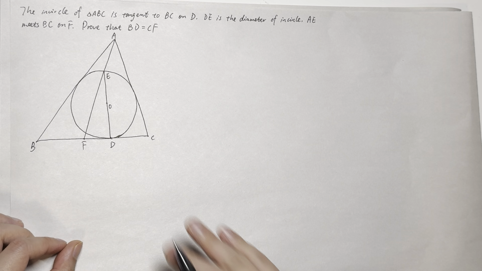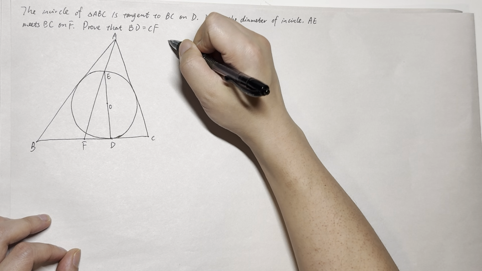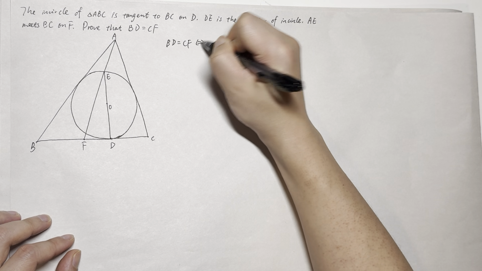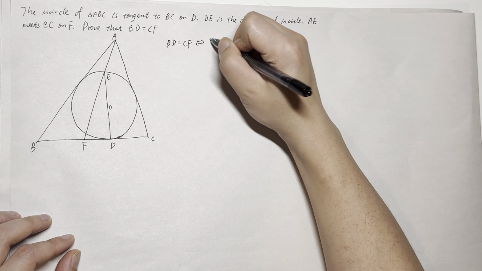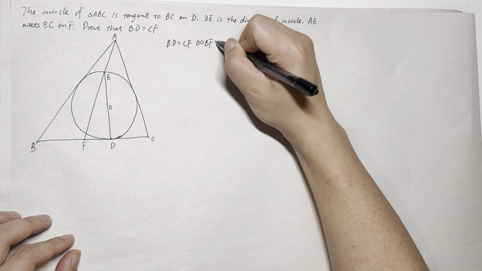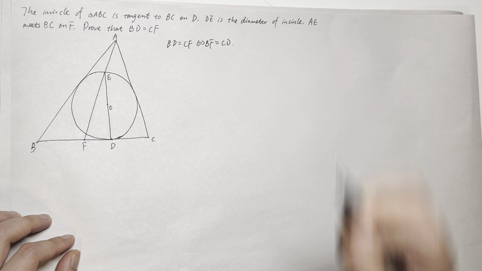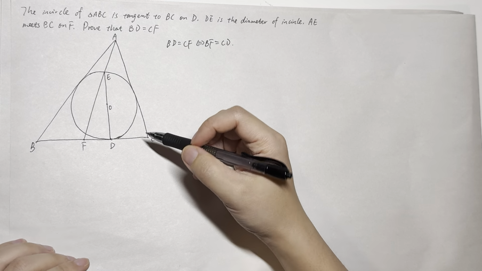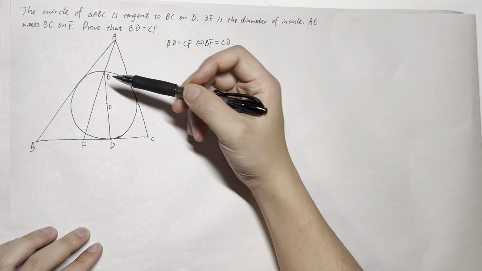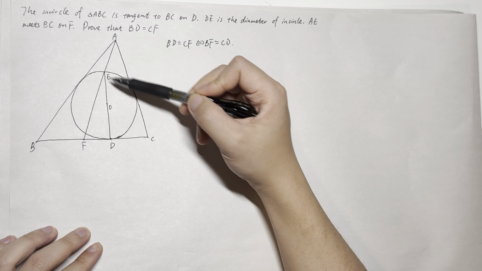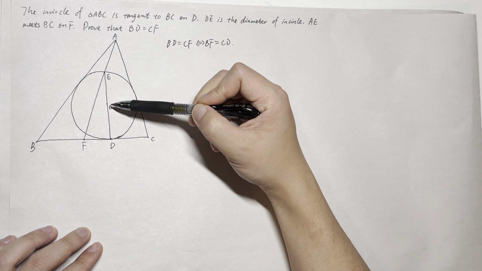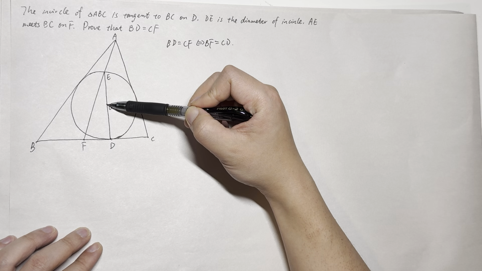So when we get this problem, the first thing that we want to check on is that BD equals to CF is equivalent to BF equals to CD, right? And what is CD? You can think the CD as that we find the incircle of the triangle ABC, and we find the incenter.